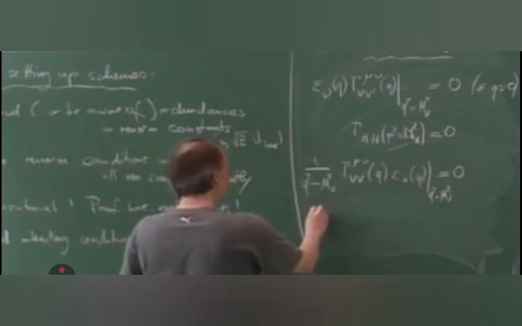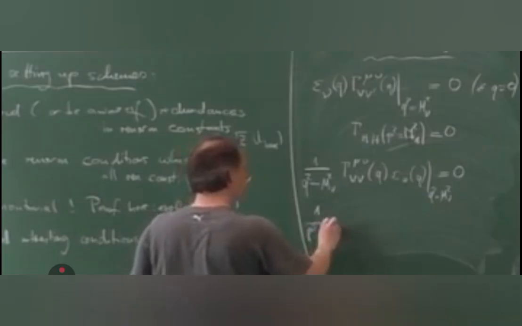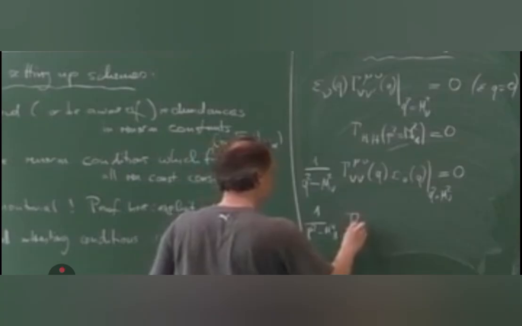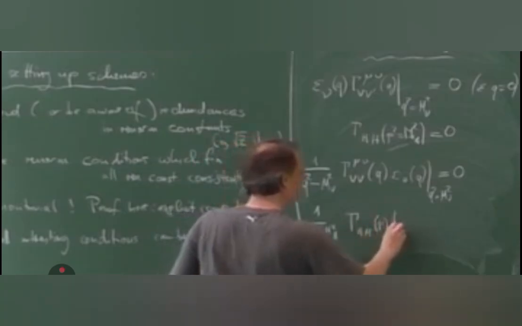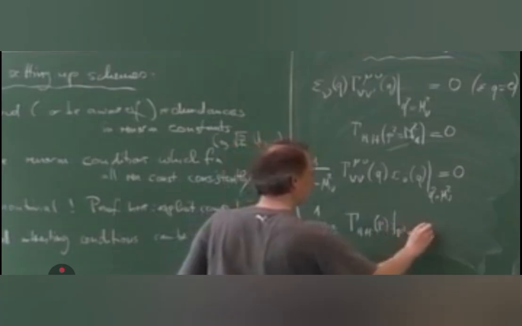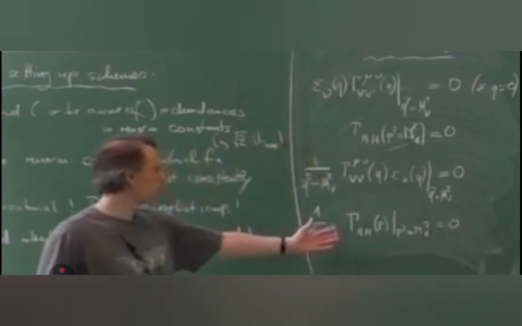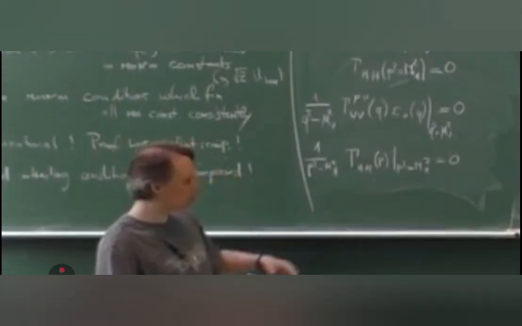Finally, for the Higgs self-energy, we require this condition. Which essentially also means that the derivative of the Higgs self-energy at on-shell value vanishes.